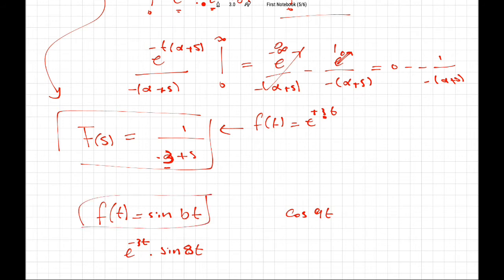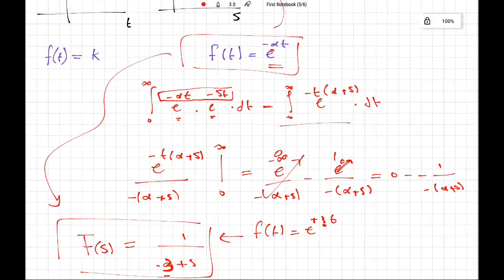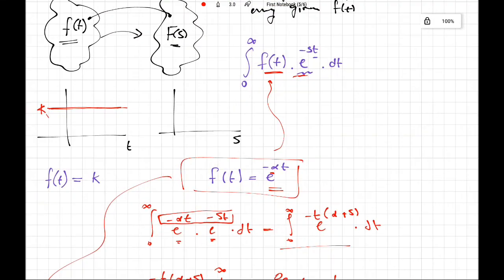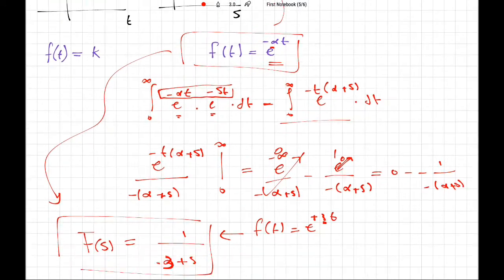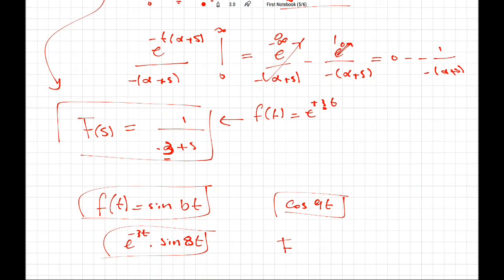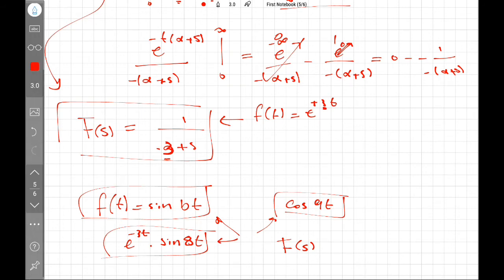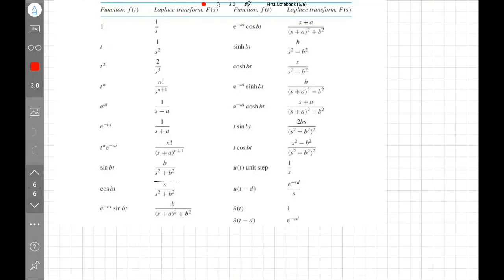You can always do the integration to find the f of s of these different functions. And another, easier way is to use this lookup table.